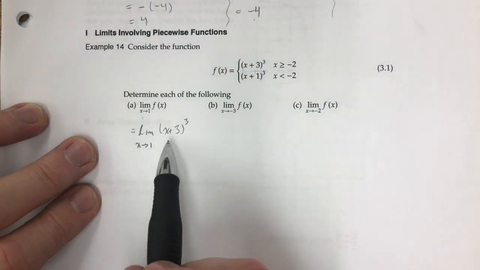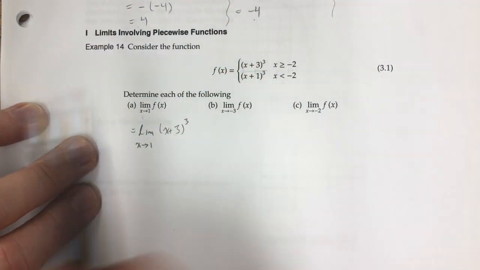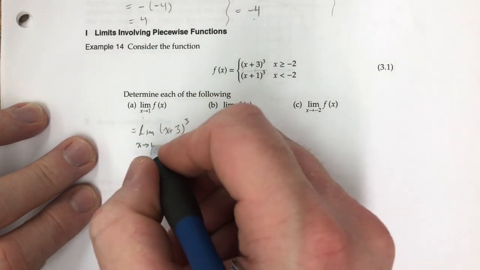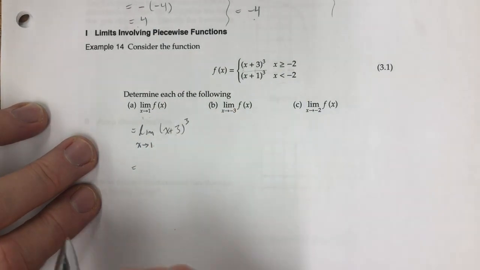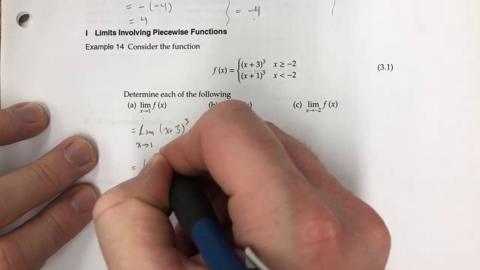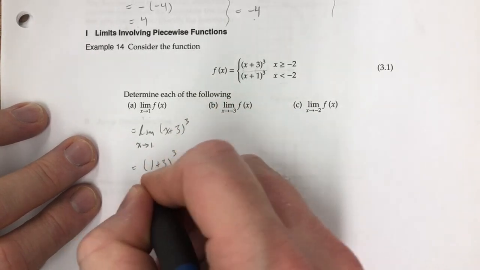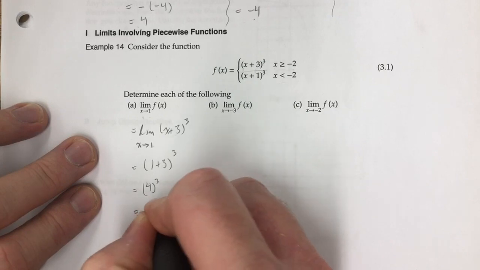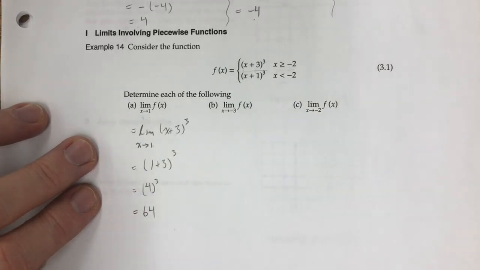Again, we chose (x plus 3) cubed because 1 is bigger than negative 2. Now we should substitute and see if there are any problems, and it doesn't look like there are. So when we do (1 plus 3) cubed, we get 4 cubed, which is 64.